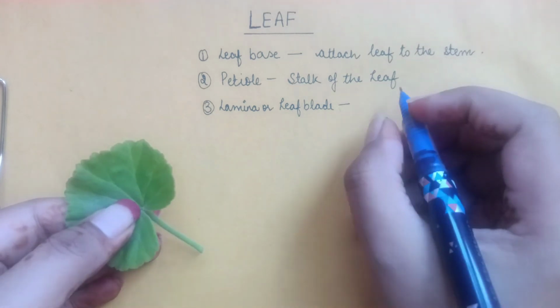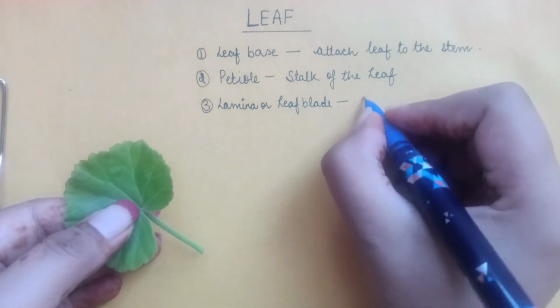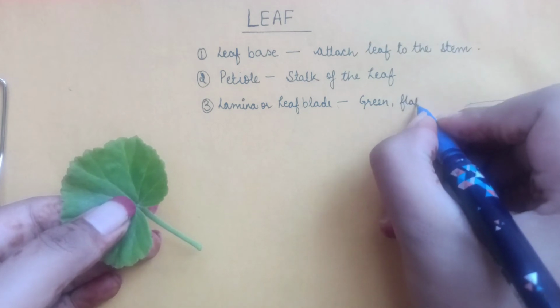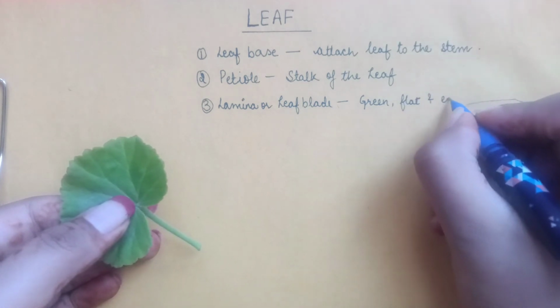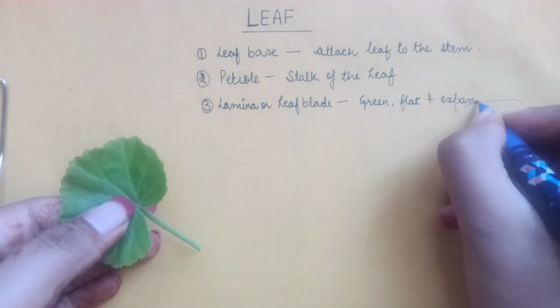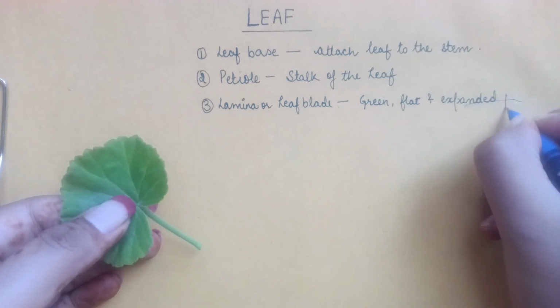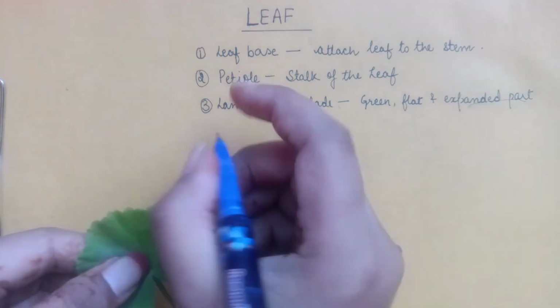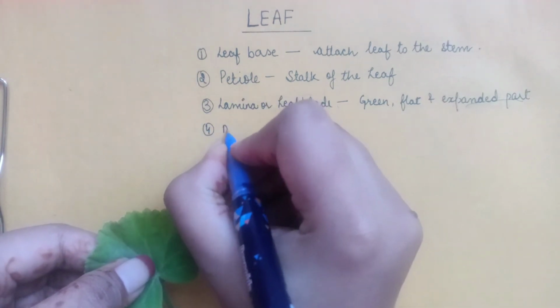So this is the green, flat and expanded part of the leaf. Then we talked about the midrib, that I told you.